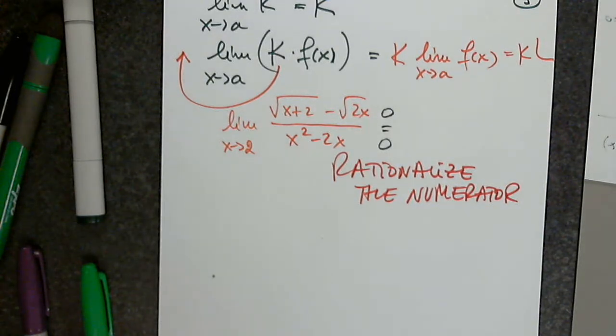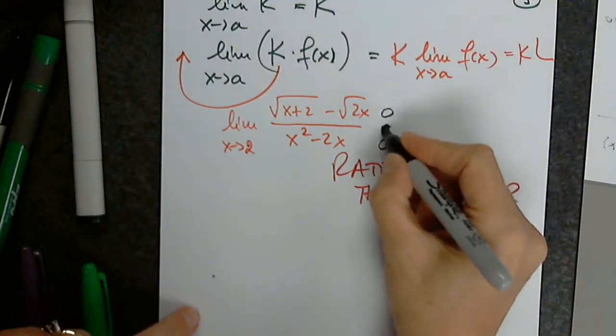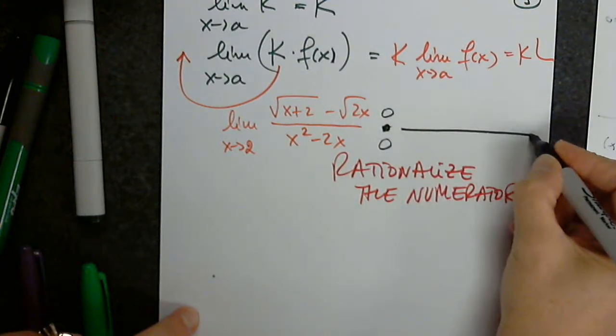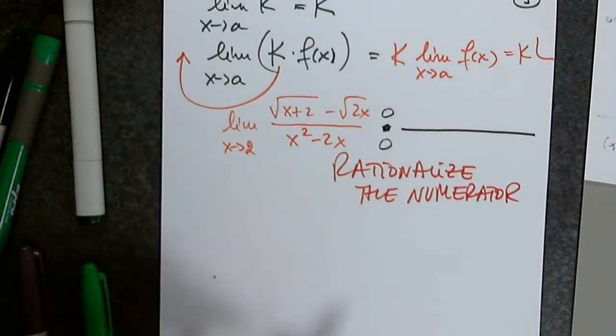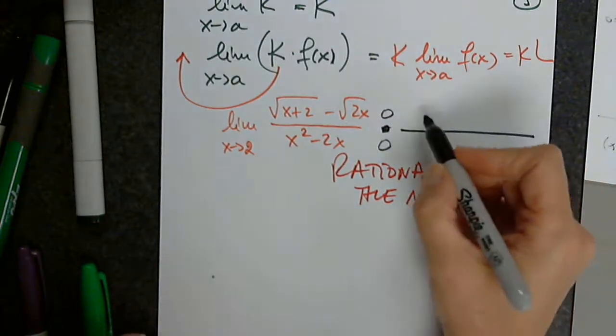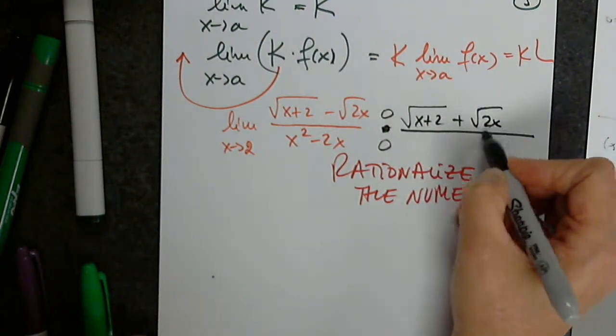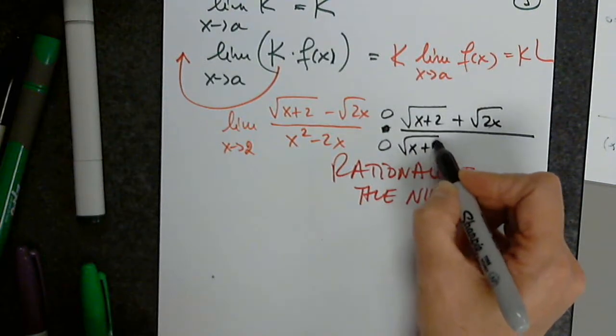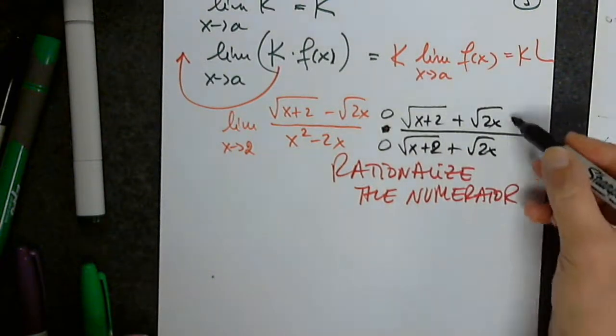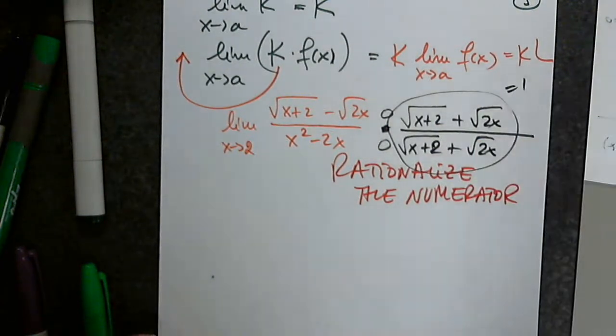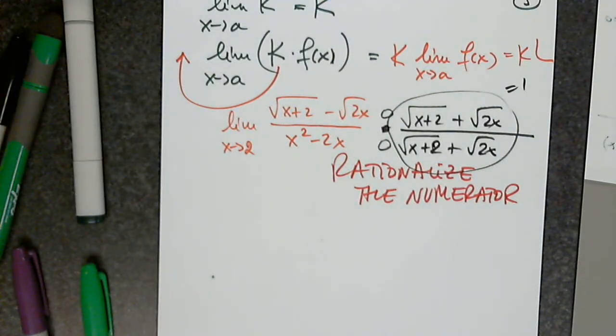Multiply the top and the bottom by the square root of the... The conjugate, very good, excellent. Which is basically 1. This is 1. I did not change the problem.